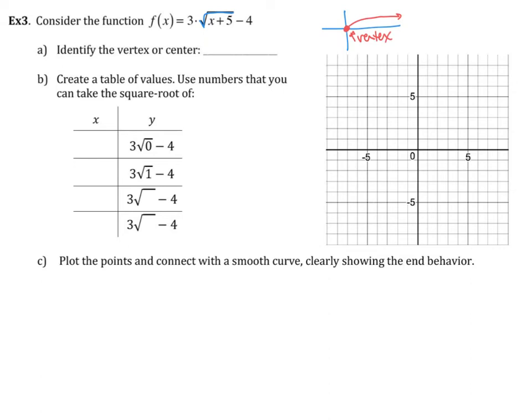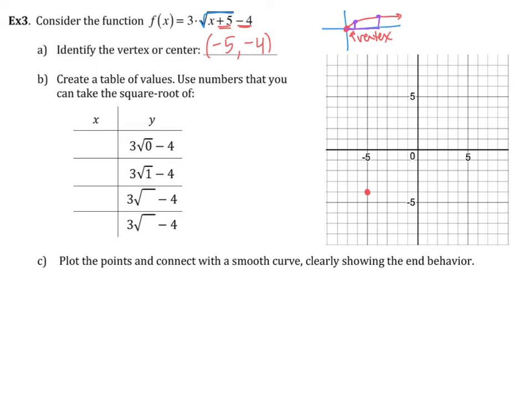And if you understand the parent function, then you know you can shift your vertex to the left 5 and down 4 according to these 2 points right here. So I go left 5, down 4, and this is my new vertex. From there, I typically go right 1, up 1, and then I go right 4, and the square root of 4 is 2.